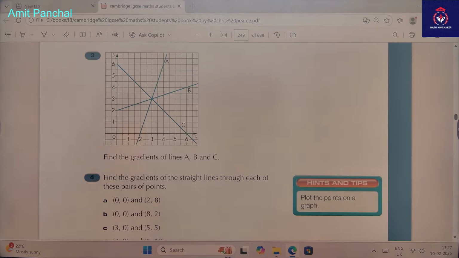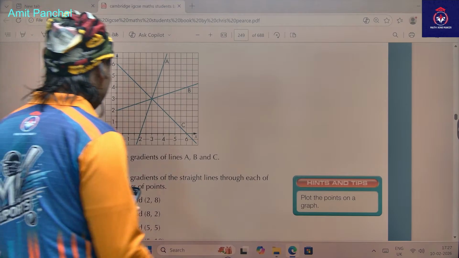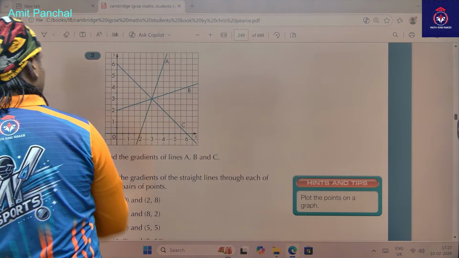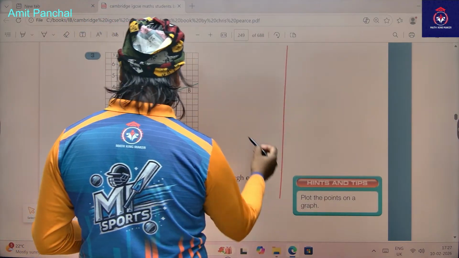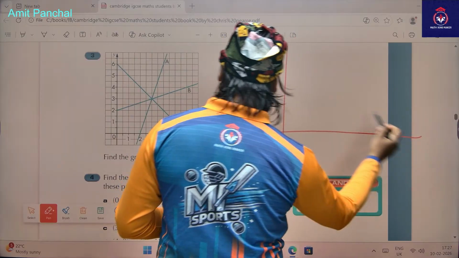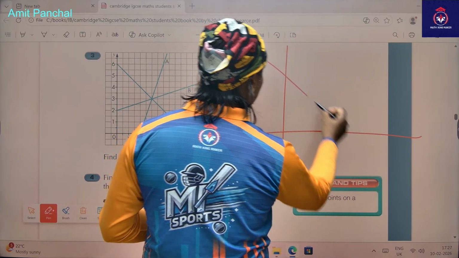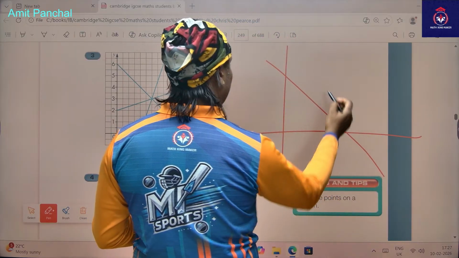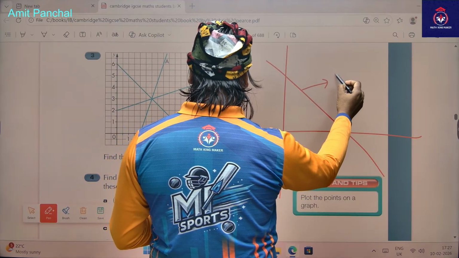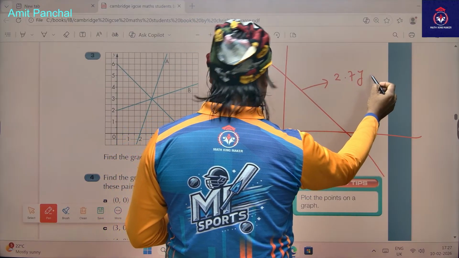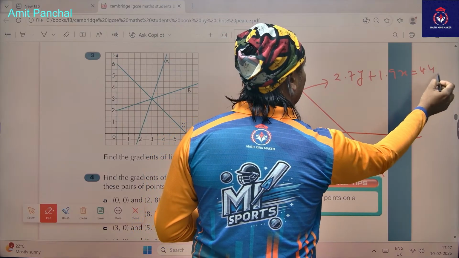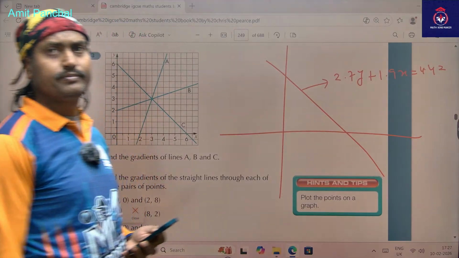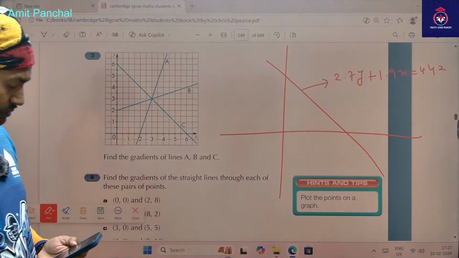Okay, this is your doubt. It is a straight line 2.7y plus 1.9x equals 4.42. Yes, sir.